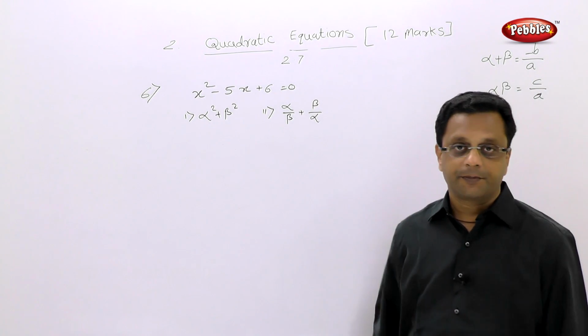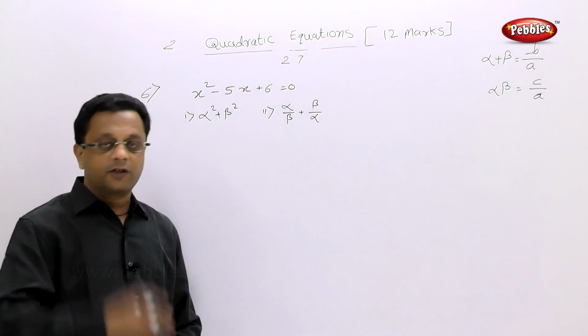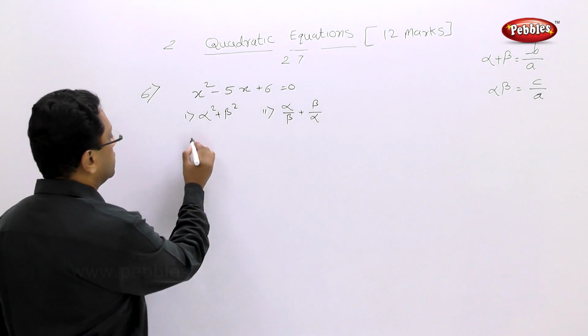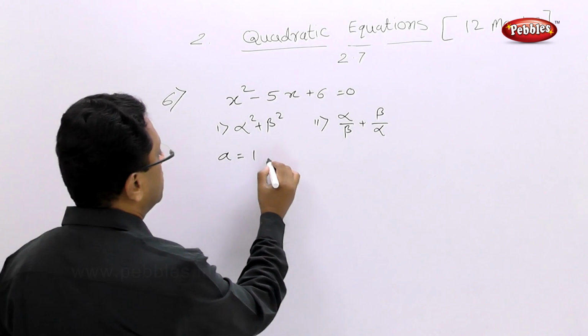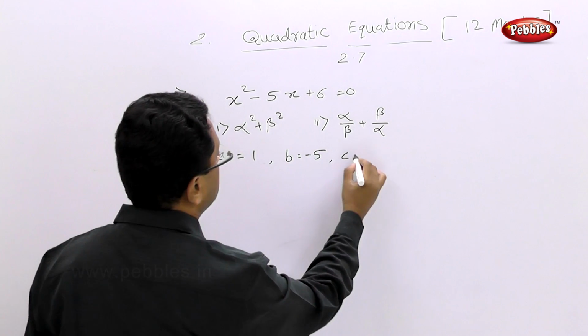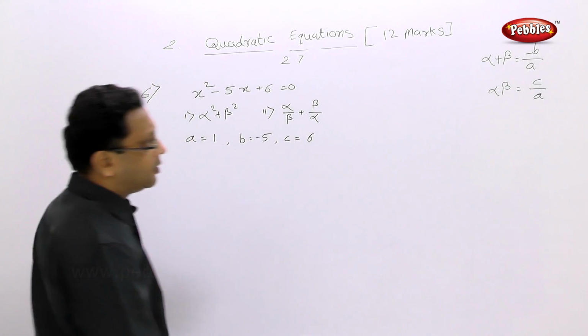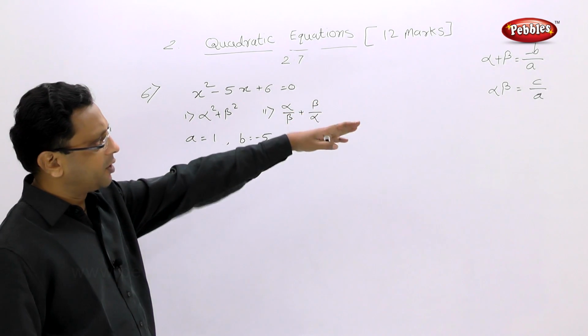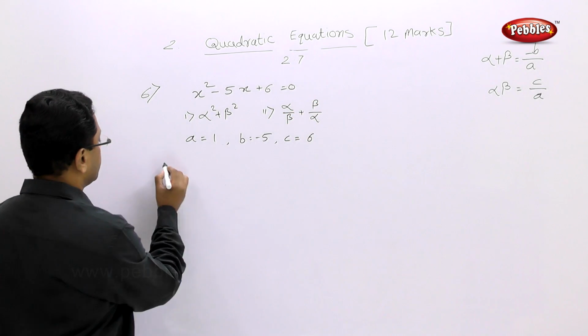Let us check it. Let us do it. Now here we know that A is equal to 1, B is equal to minus 5, C is equal to 6. Let us first find alpha plus beta and alpha beta.